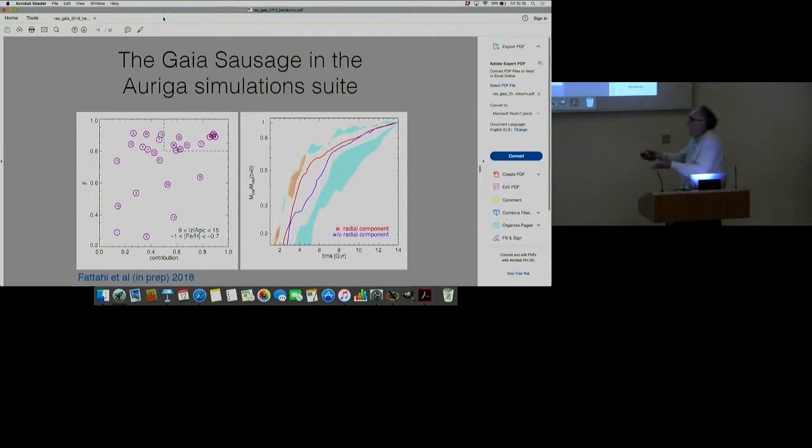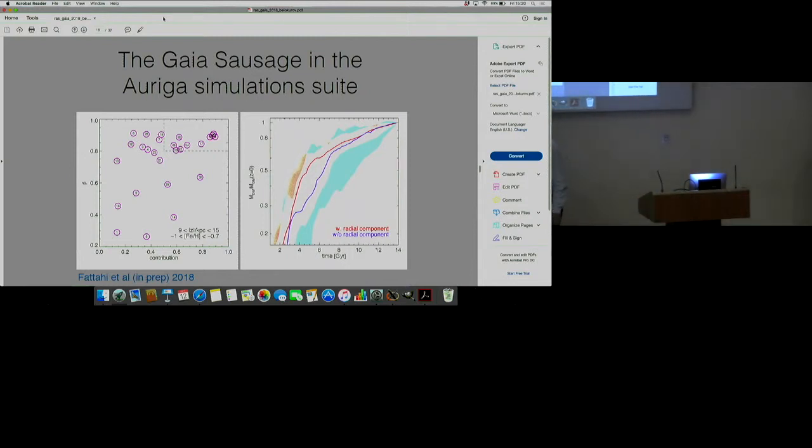So we can now look at, in a little bit more quantitative manner, and this is work done by Asif Fatahi at Durham. So this is now looking for such things in the Auriga simulations. So here are the Auriga simulations, and they're plotted for stars in this range, that is comparatively metal-rich, and in a very narrow range of vertical positions.